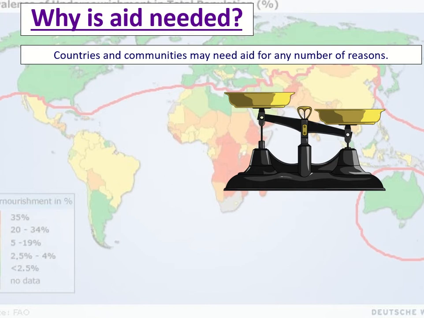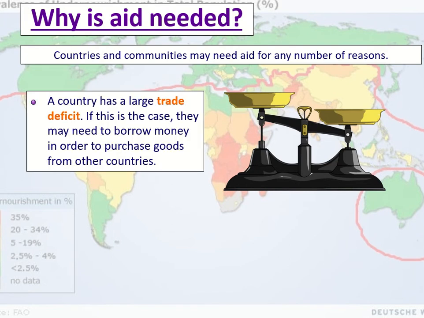So firstly, countries might need aid if they have something called a trade deficit. A trade deficit is essentially where they're spending more money than they're making from trade. So if they're buying in lots of goods from other countries and it's costing them more than the money they're making selling goods to other countries, they have what's called a trade deficit.